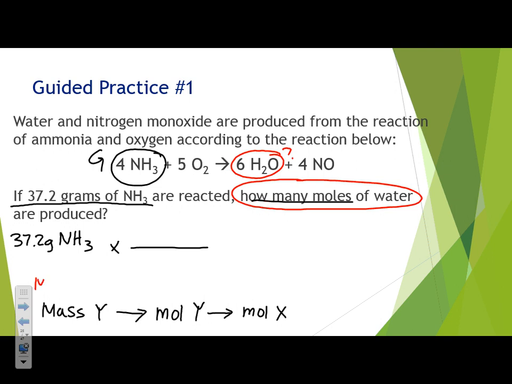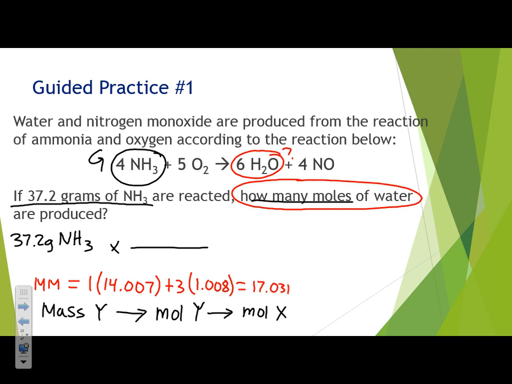Here, molar mass of NH3 is going to be equal to 1 times the mass of the nitrogen, 14.007, plus 3 times the mass of a hydrogen, 1.008. This gives us a molar mass of 17.031.